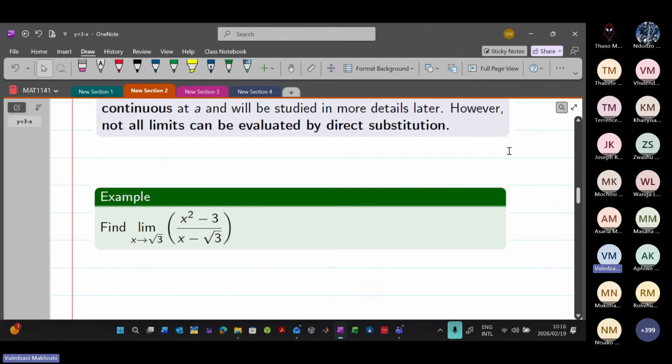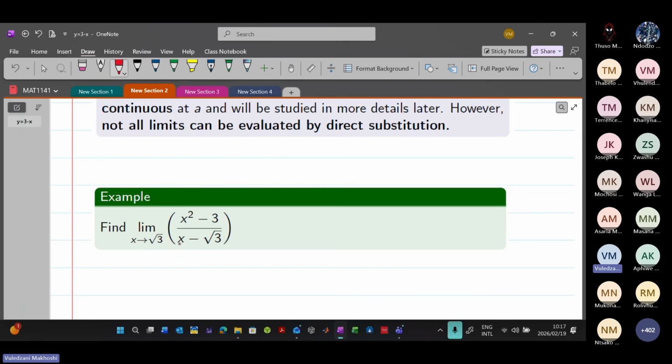If we look at this example, they say find the limit of x squared minus 3 over x minus square root of 3 when x is approaching square root of 3. Then the question that we will ask ourselves is whether this square root of 3 is in the domain of this function or not.